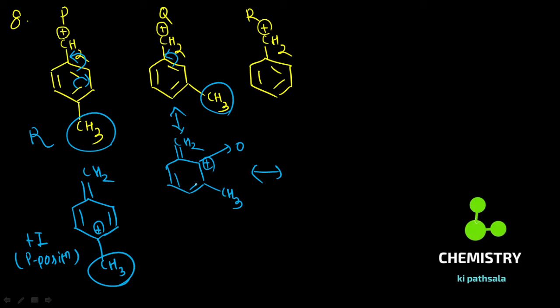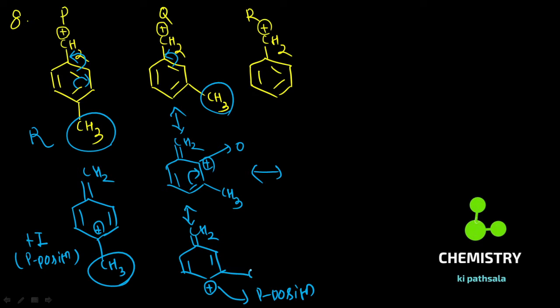Now if you draw another resonating structure, what you will get here is a positive charge here and a C double bond CH2 here, and this is the para position.